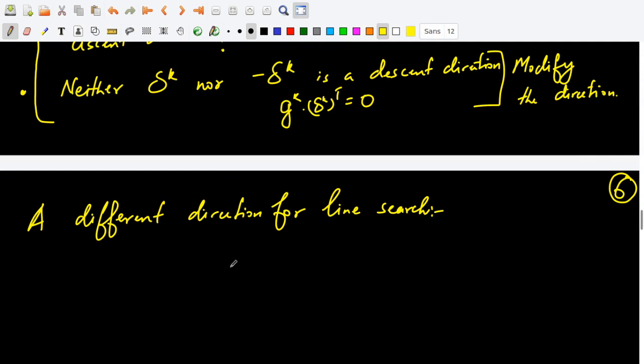So remember that Newton's method is fast, so we would like to use a direction suggested by Newton, but we also want to make sure it's a descent direction.